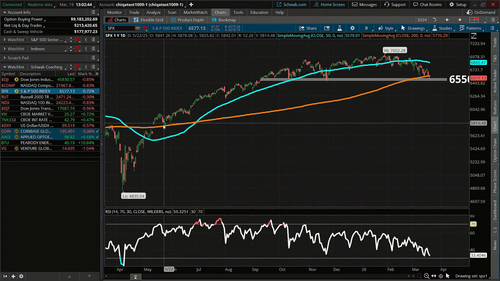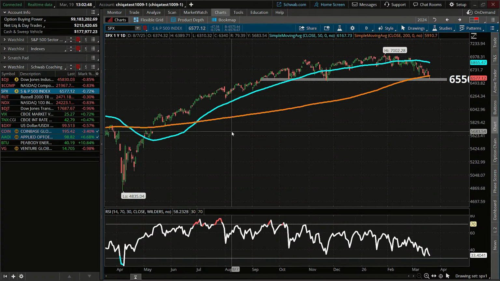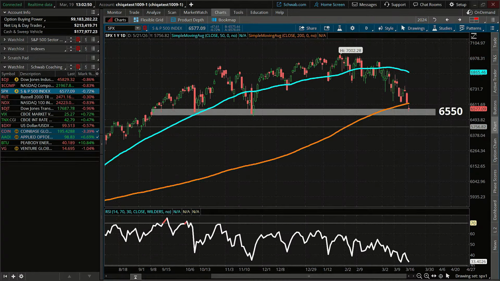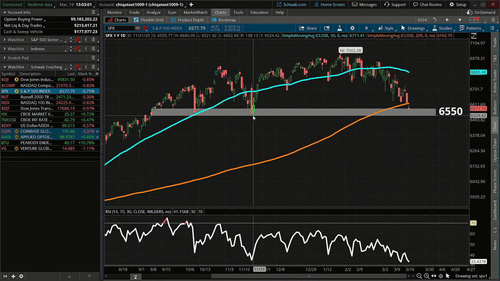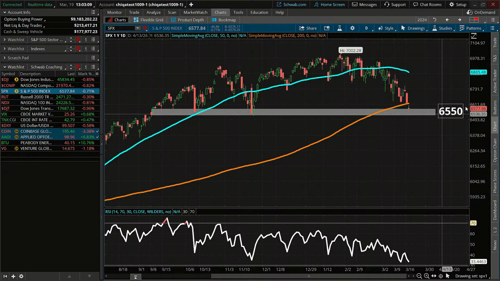We used that as support a little bit in May as well, but ever since, we've been trading quite a distance above it until recently. Now, the next line in the sand for crucial support for long-term investors is really going to be this horizontal line right here that we've seen, that's been really drawing this line in the sand right around 65.50 or so. So that's going to be that next level there.